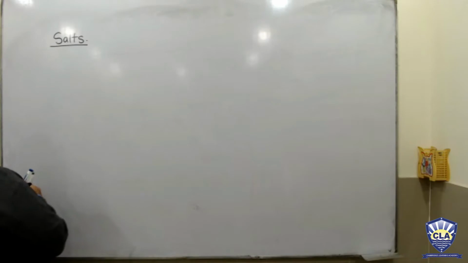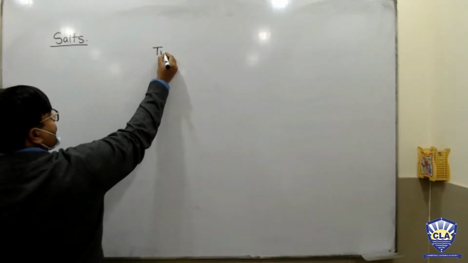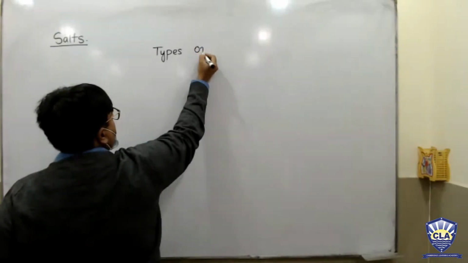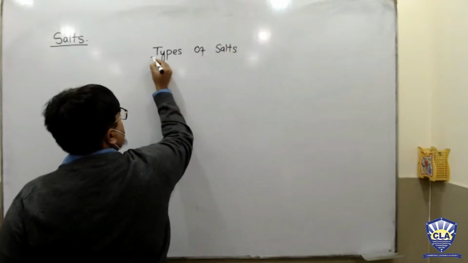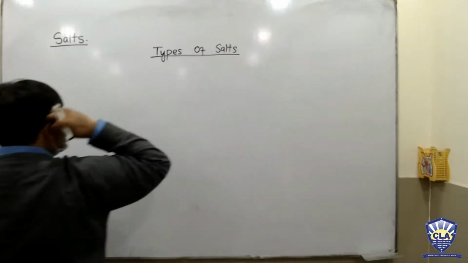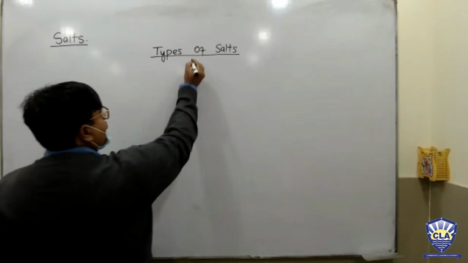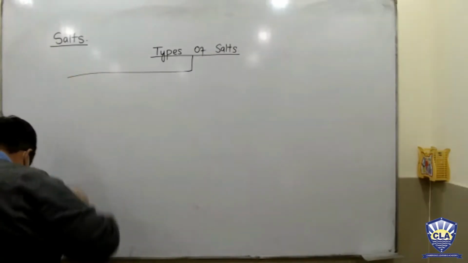Okay, my dear, the next thing we are going to start is the types of salts. So for types of salts, there are two types.